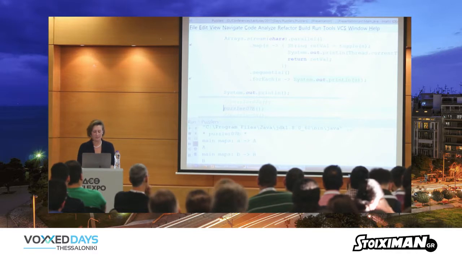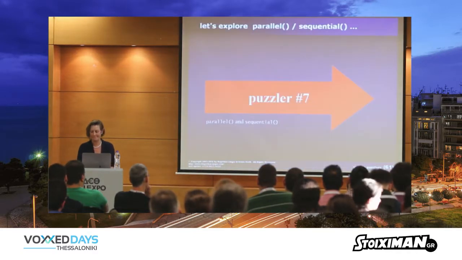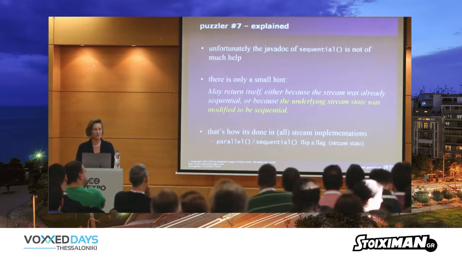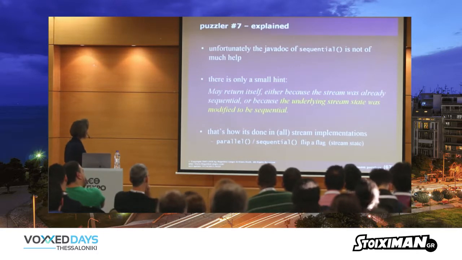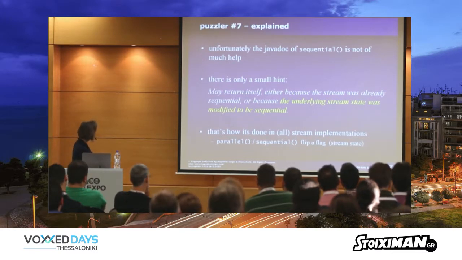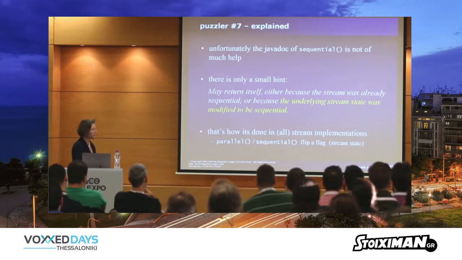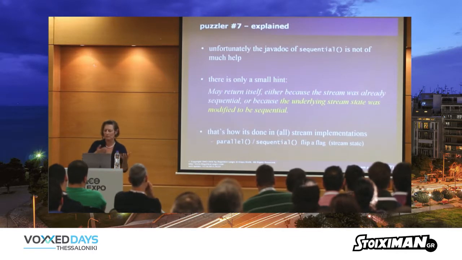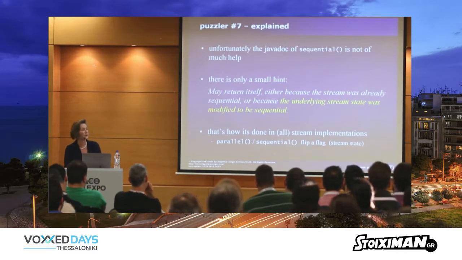So why does this happen? Well, the description of sequential is kind of mysterious. The Javadoc says the stream might return itself if it was already sequential, and otherwise it changes the stream state to be parallel or sequential, depending on which one I call.